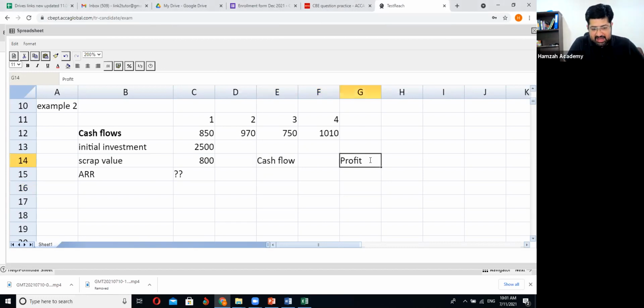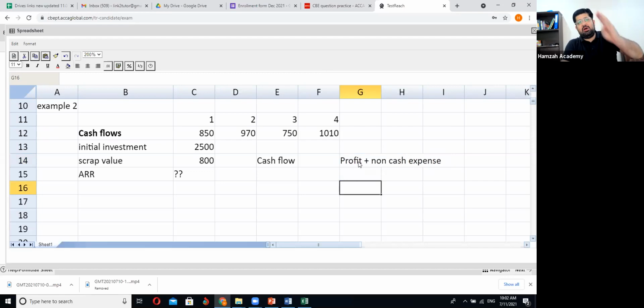So it means that if you want to reach cash flows, you have to add back non-cash expense to profit. Depreciation, which was deducted out of profit, you add back to the profit, and then you reach the cash flow.